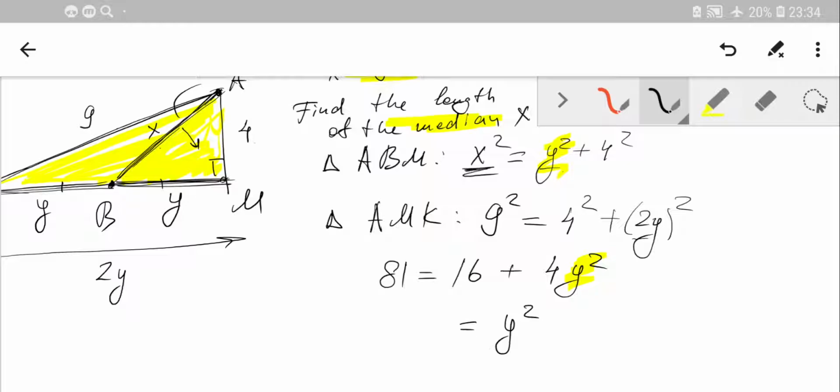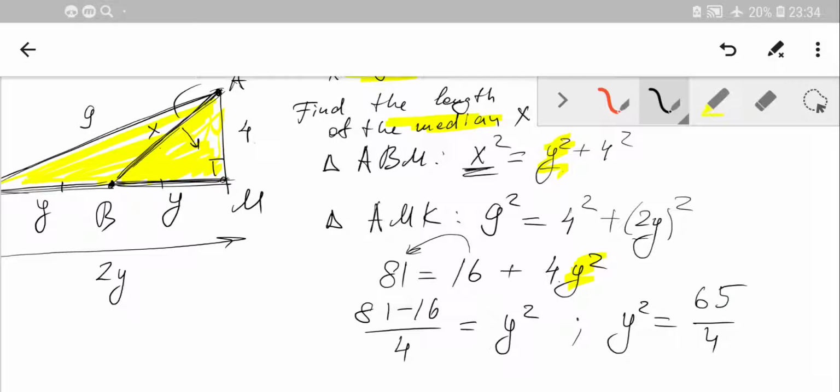In order to find y squared, 16 transfers here, and we divide by 4, by the coefficient, right? So we know that y squared is 81 minus 16, 65, over 4. I don't want to cancel, just leave it as it is. So where to put this y?